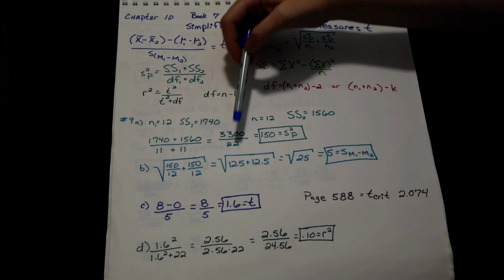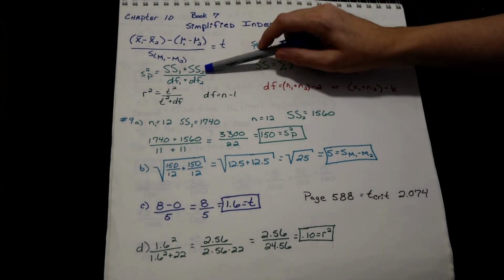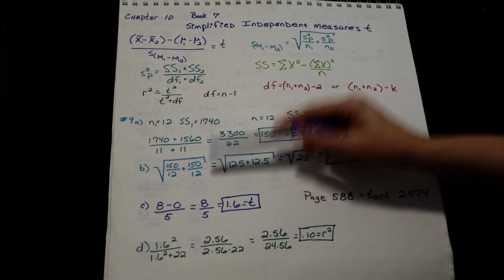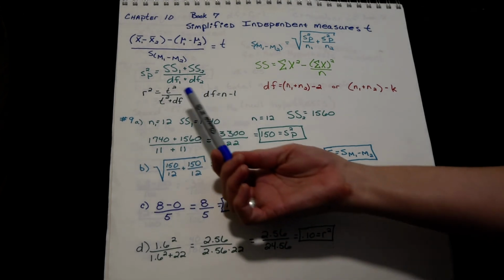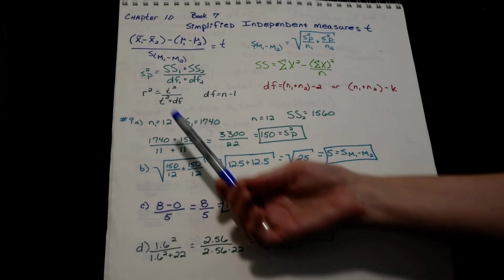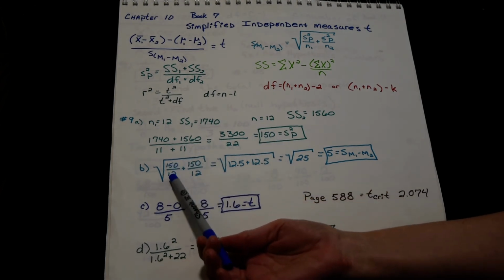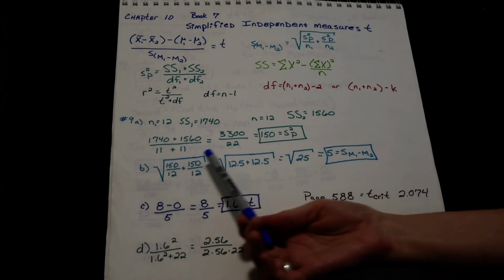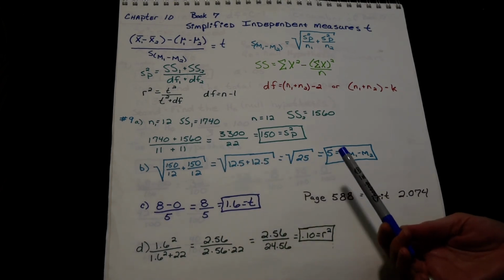Makes it 33 over 22, comes out to 150. Now, to get our estimated standard error, we just take our pooled variance, which is 150, and put that over 12, and it's the square root of it. That comes out to 5.